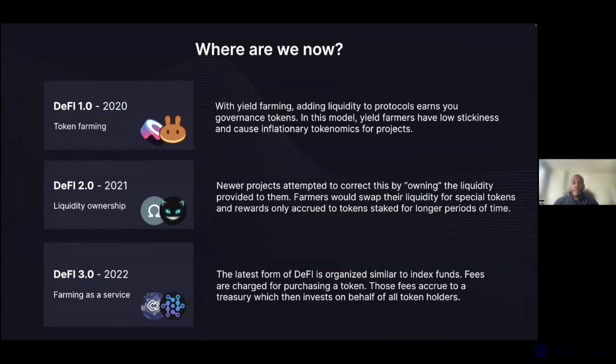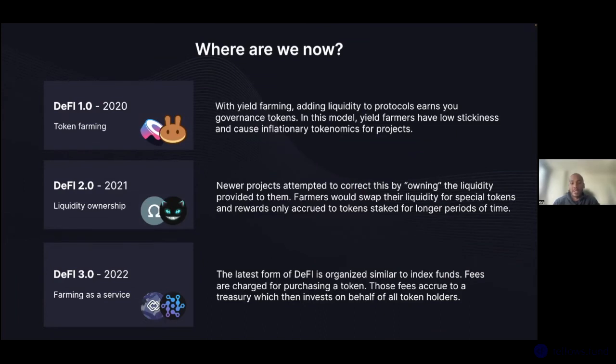Okay, cool. So the difference between 1.0, 2.0, and 3.0 is really about categorizing their liquidity strategies. For DeFi, the usefulness of the protocol is really tied to its liquidity. For example, Uniswap, which is a DeFi 1.0 protocol, is where you can swap Ethereum for USDC. It only works if people are depositing a pair of Ethereum and USDC.